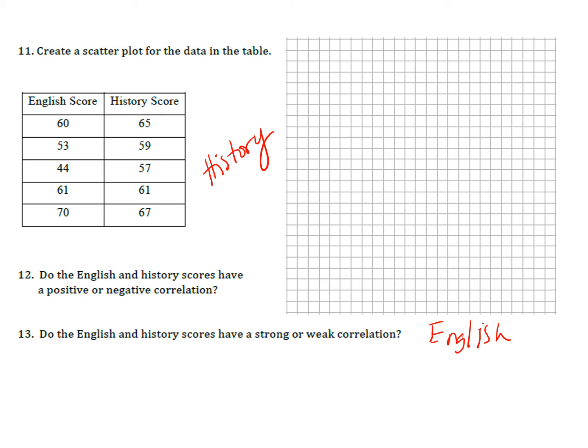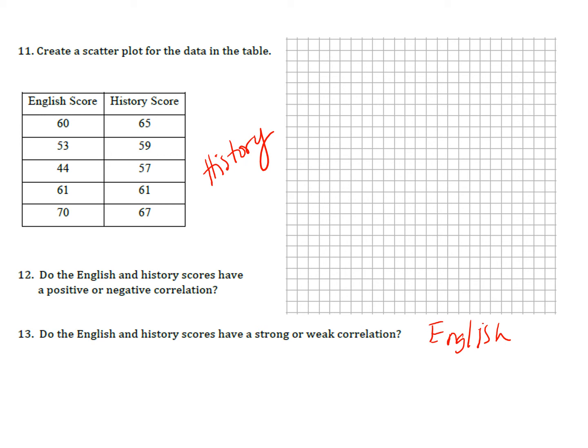And if I look at these, the smallest English score was 44, and the largest was 70. And then for the history scores, the smallest was 57, and the largest was 67.